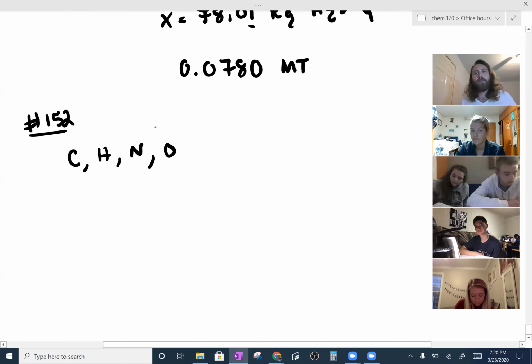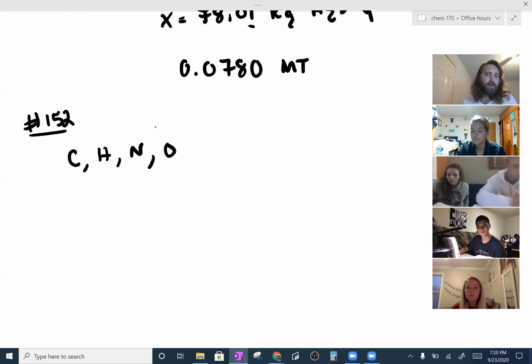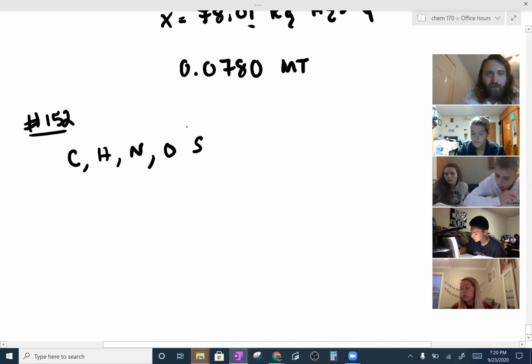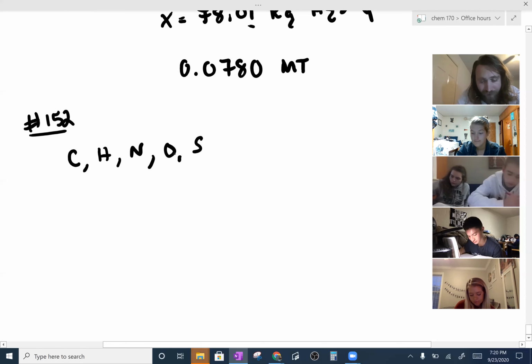Okay, so it has these four elements kind of stuck together in some arrangement, and our task is to find the empirical formula for the compound. Okay, so there's a couple tests that happen here. Oh wait, no, we also have sulfur. Sorry, can't miss sulfur.